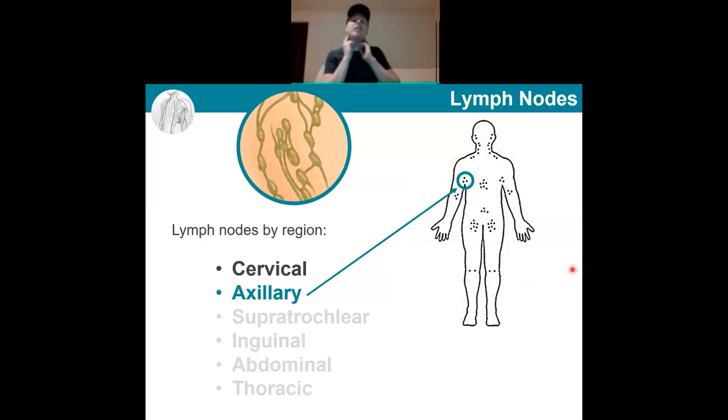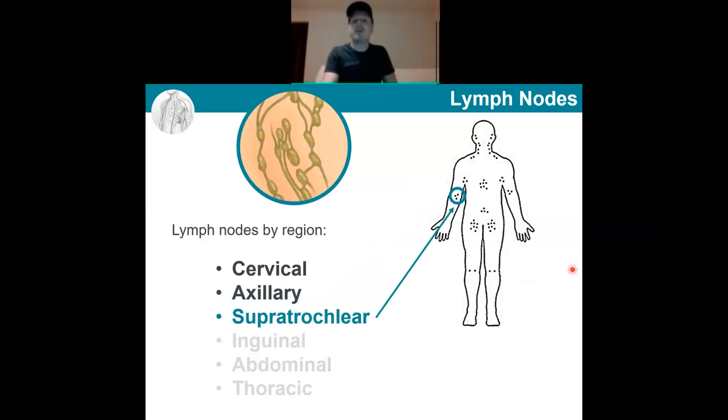So it's not just in your neck that your doctor might look for lymph nodes. Armpits are a really big site where we find a lot of lymph nodes. We also find them at the supratrochlear area, so above the cubital fossa, above the trochlear notch. At the inguinal area, so at your groin area.